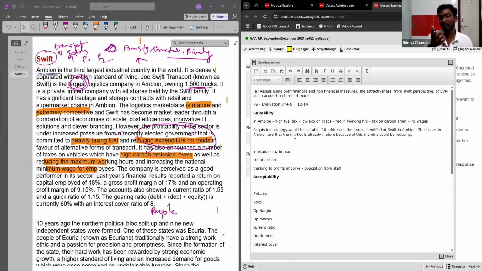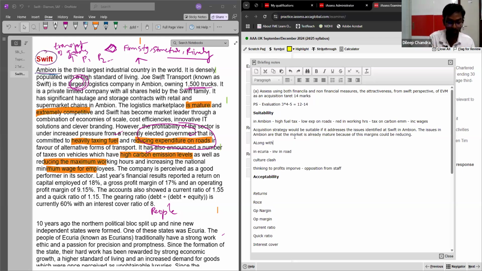Now I'll talk about high fuel tax or whatever government is doing. So two issues are happening here. One thing from the government perspective, one thing from the market perspective. From market perspective, since it is already mature, there is no more scope for SWIFT to flourish there. From government perspective, they're implementing this fuel tax and all those things I'm talking.